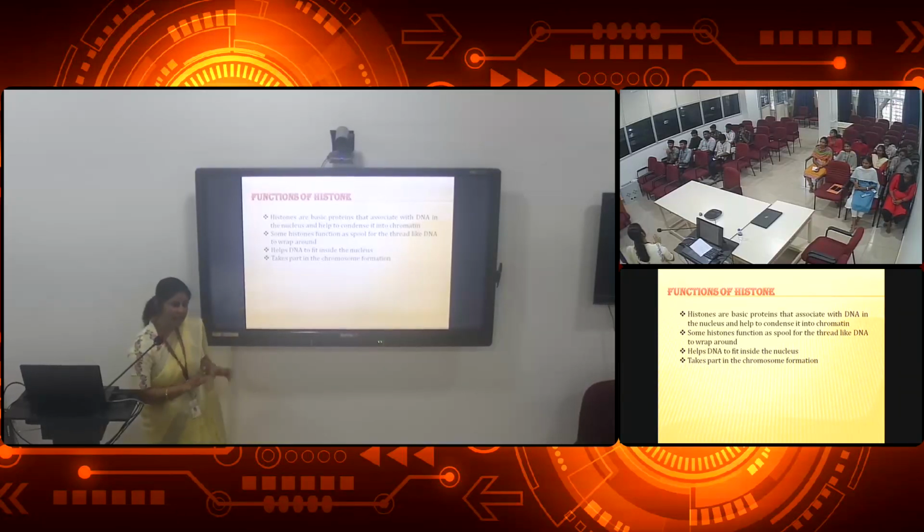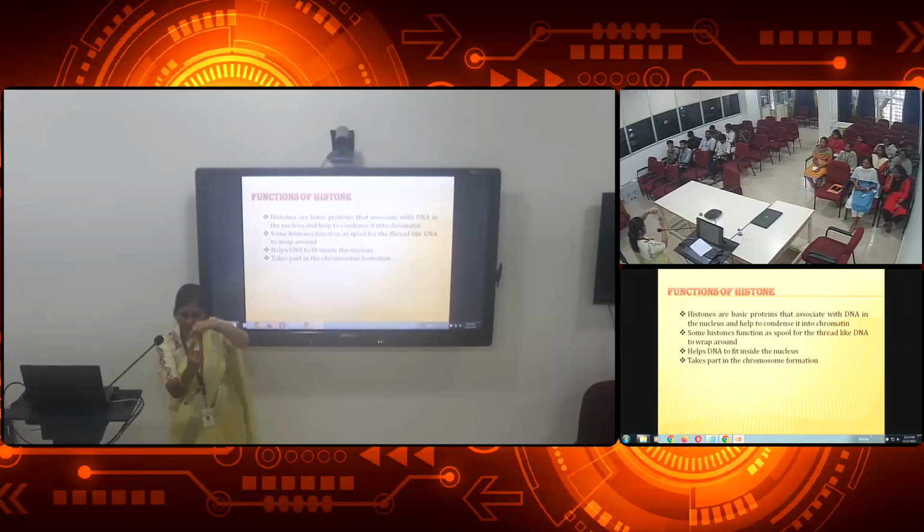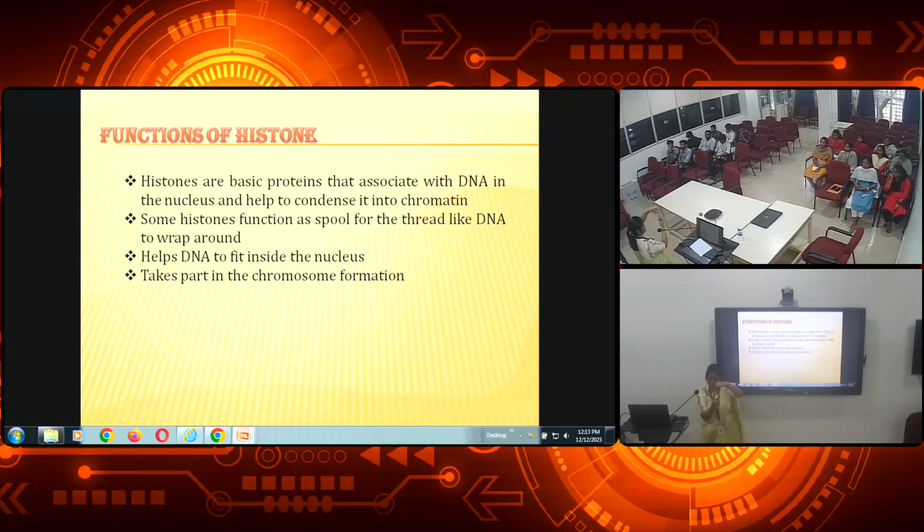Some of the histone proteins act as a spool for the thread-like DNA to wrap around. A spool is something with a stand in the center, with a round structure on top and a round structure at the bottom.